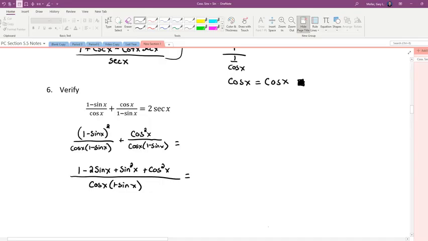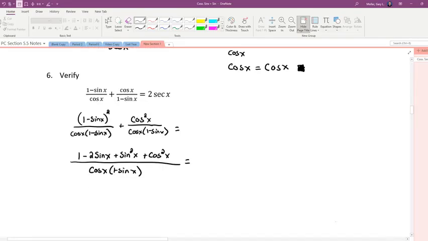All right, sine squared plus cosine squared is 1. So 1 minus 2 sine of x plus 1. And that, of course, gives me 2 minus 2 sine x on top over cosine of x 1 minus sine of x.